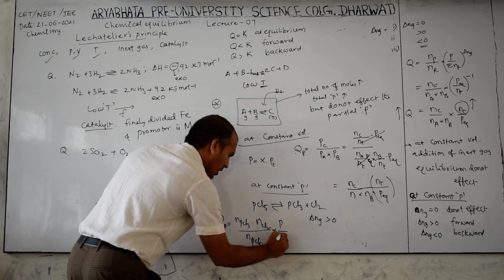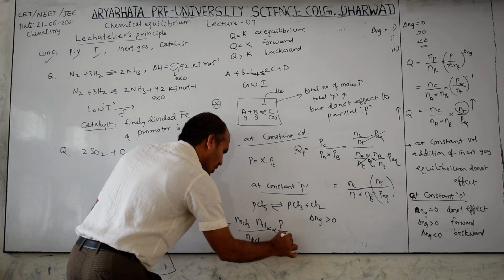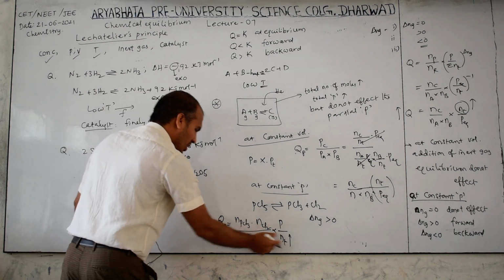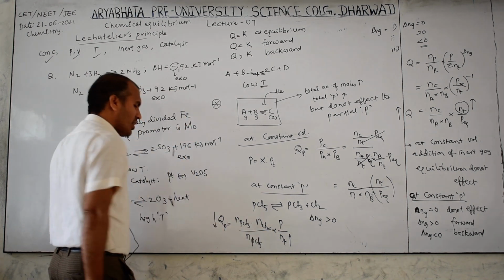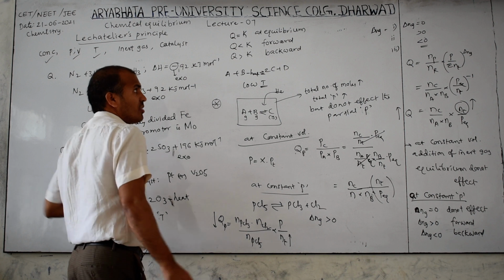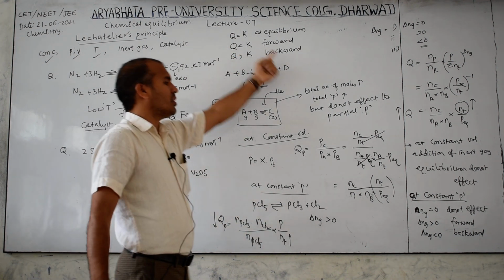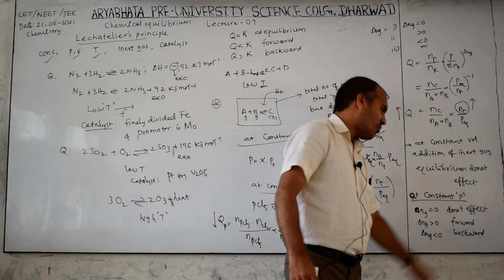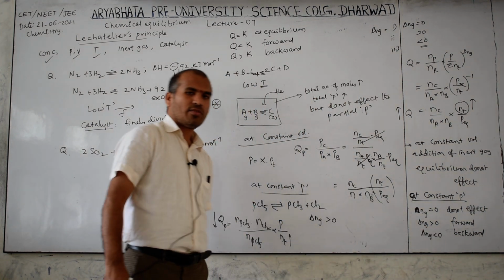Therefore, P by n total decreases on addition of inert gas. Therefore, the denominator increases, meaning the resulting value decreases. When it decreases, the reaction is forward. So for delta Ng greater than 0, forward.